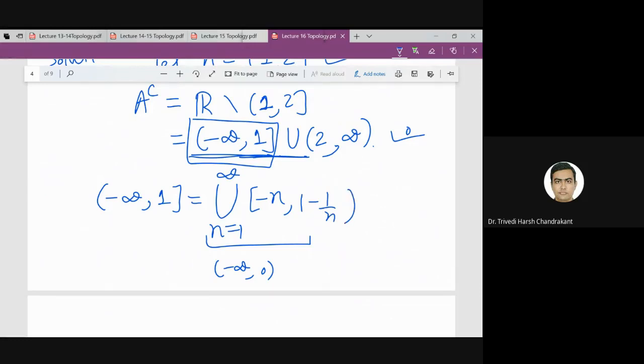Now just check whether this covers all these points. But you are saying one will be left, right? So therefore you are saying we have to take plus kind of thing.